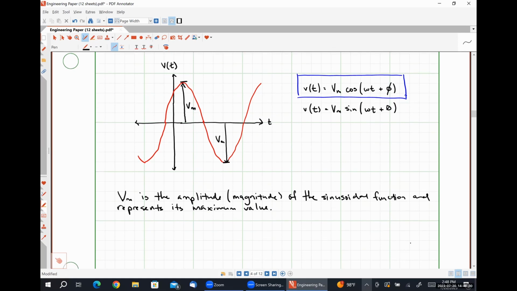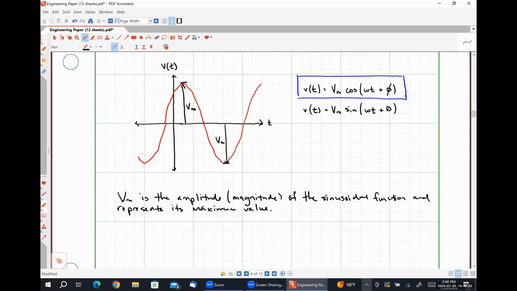Now let's talk about omega. So omega is the angular frequency of the sinusoidal function. And it represents how quickly the signal oscillates.